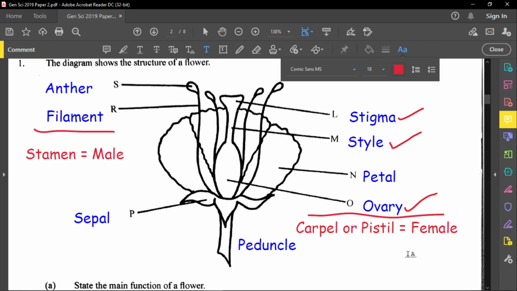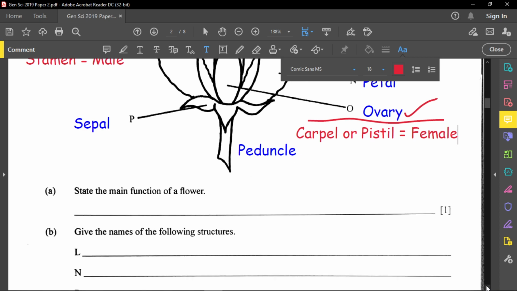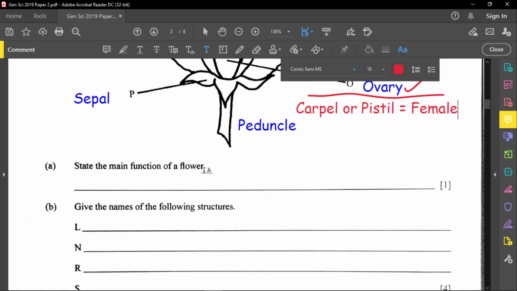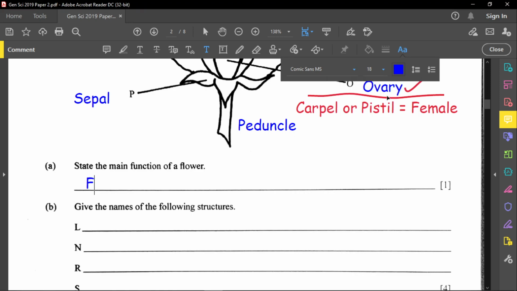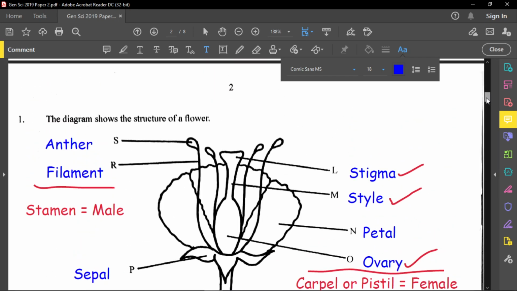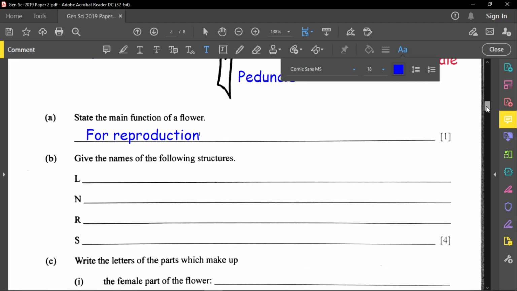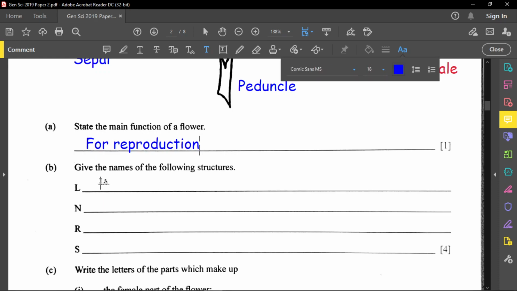All right, so great. And now let's go to the questions. Let's state the main function of the flower. The main function of the flower is for reproduction. All right, great. Now to give the names of the following structures, which we already labeled. L is the stigma.